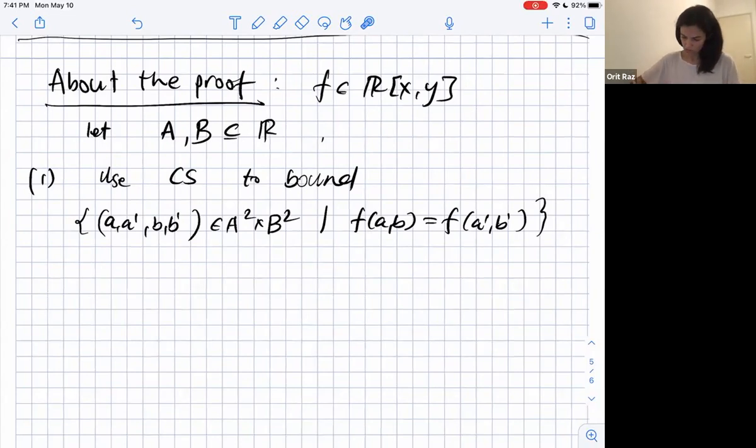So we want to use it to reduce the problem to upper bounding this.